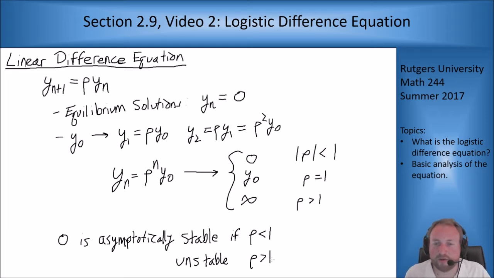This doesn't really make too much sense for rho equals 1, so we'll just ignore that case. But we get asymptotically stable if rho is less than 1, and unstable if rho is bigger than 1. Now the reason I wanted to go over that real quick is we're going to want to use that fact for our logistic equation that we're going to go to in a second. So let's go ahead and write out that equation and see what we can deduce from there.